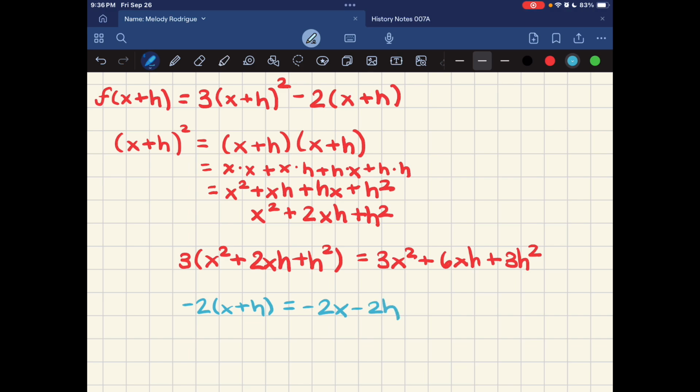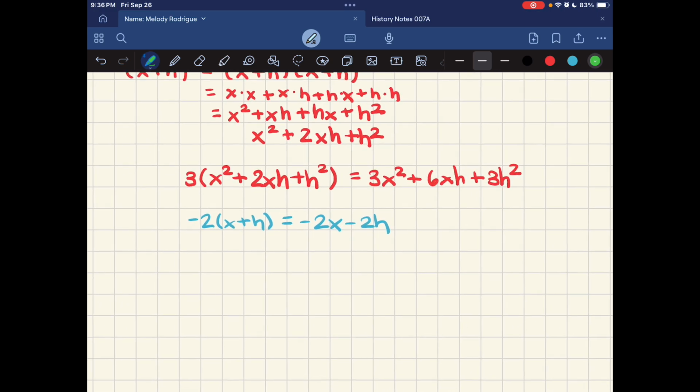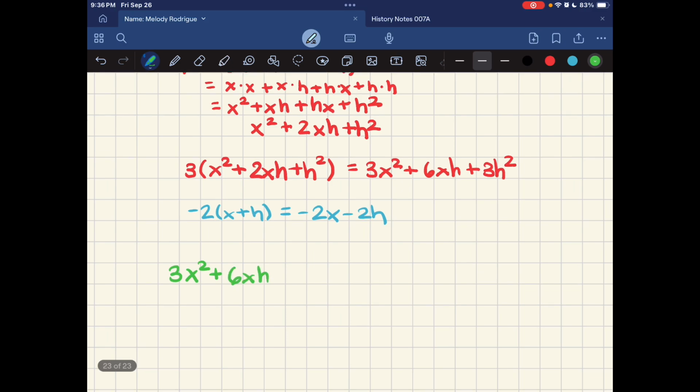So we're going to add these together. So as you can see, we're just going to add the 3x squared plus 6xh plus 3h squared minus 2x minus 2h.